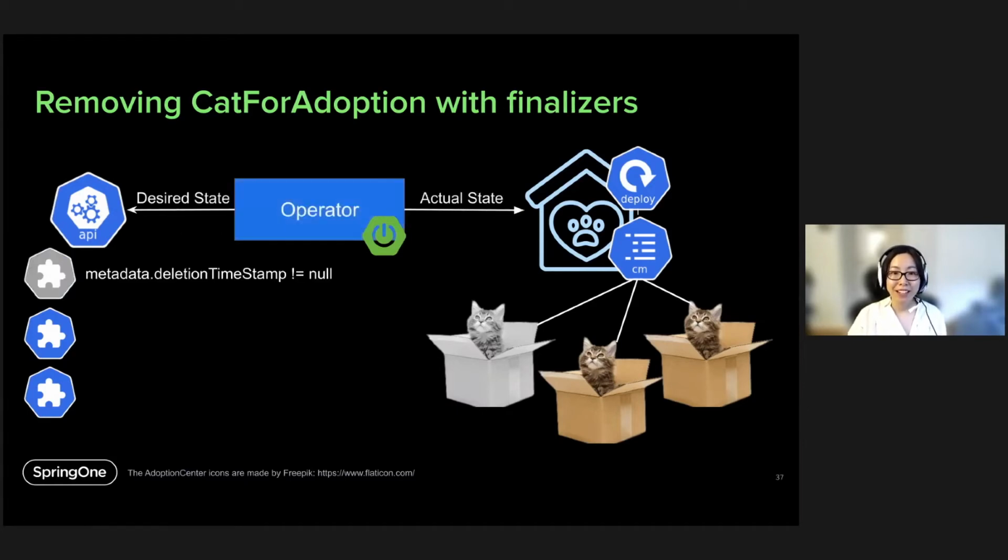But with the finalizers added to the resource, Kubernetes will add a delete timestamp on the resource metadata to signal the intent of removal and allow us to perform any pre-delete operations until the finalizers are removed. In this case, even if our operator is currently offline, we can rest assured because we know that the cat will eventually be removed when the operator comes back online.